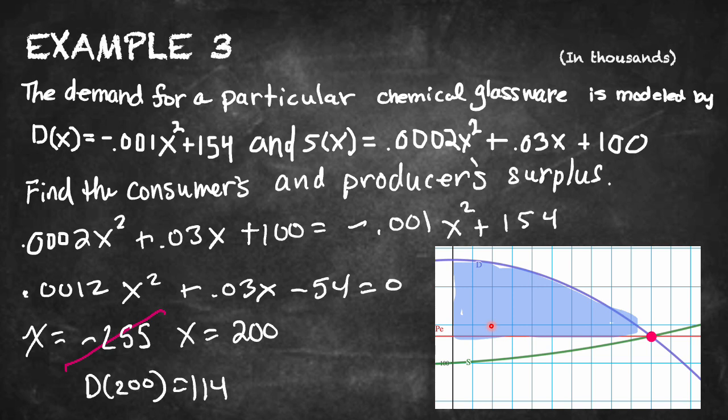It's going to be extra money in their pocket. Now, when we find the producer surplus, that's going to be here in green. And so now we're going to find the area that's trapped between the price and the supply. Let's go ahead and do that on the next page.